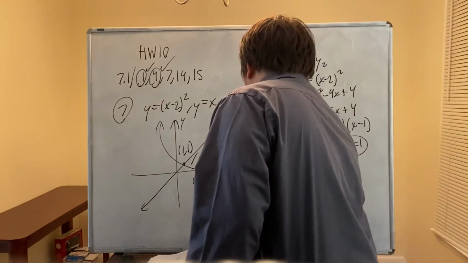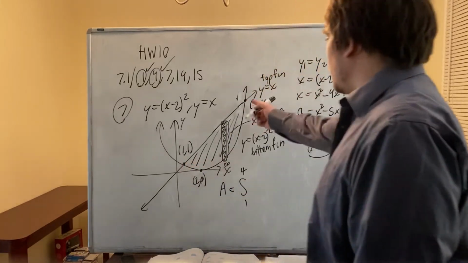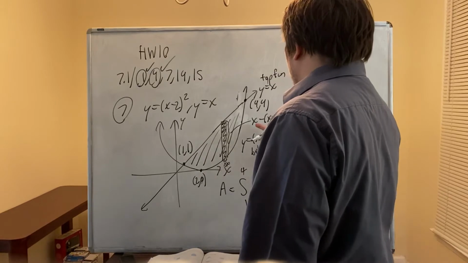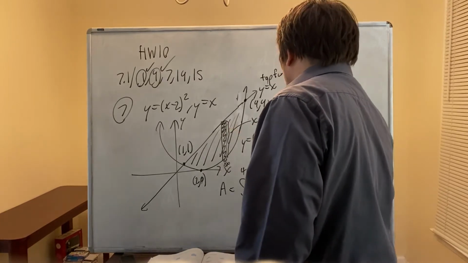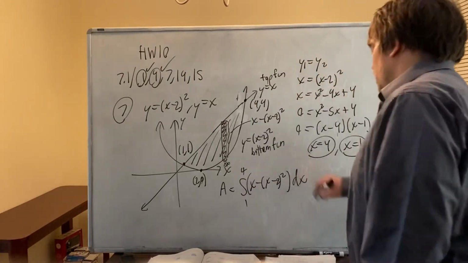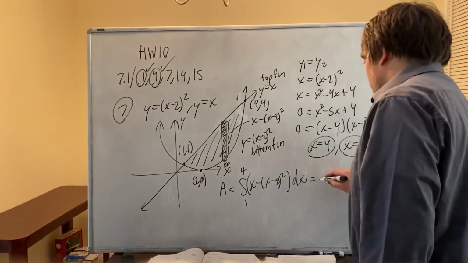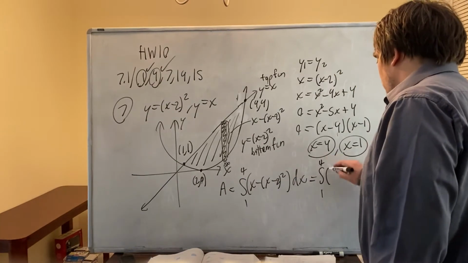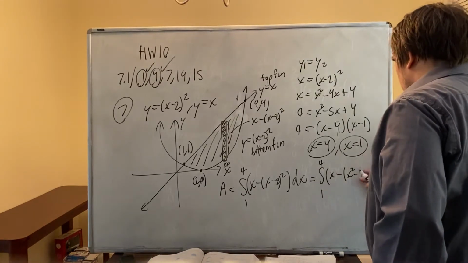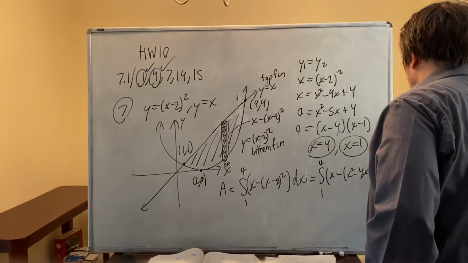So A, the area, is equal to the definite integral from 1 to 4, the leftmost x value to the rightmost x value, of x minus (x minus 2) squared, the top function minus the bottom function, dx. So you just find that definite integral. It's the integral from 1 to 4 of x minus (x squared minus 4x plus 4) dx.